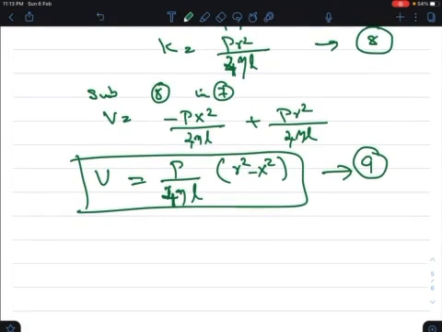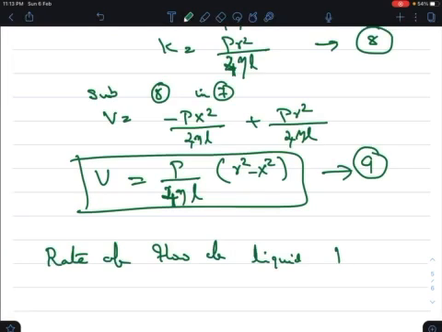Now what do you have to find? The rate of flow of liquid through the whole tube.